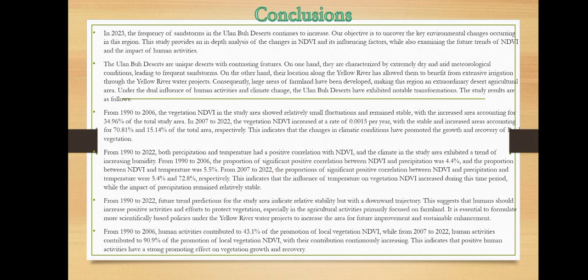So, conclusions: in 2023, the frequency of sandstorms in the Ulan-Bu Desert continues to increase. Our objective is to uncover the key environmental changes occurring in this region. This study provides an in-depth analysis of the changes in NDVI and its influencing factors, while also examining the future trends of NDVI and the impact of human activities.